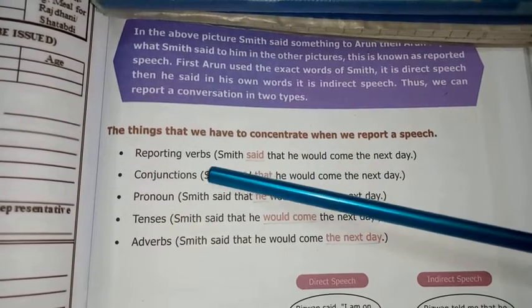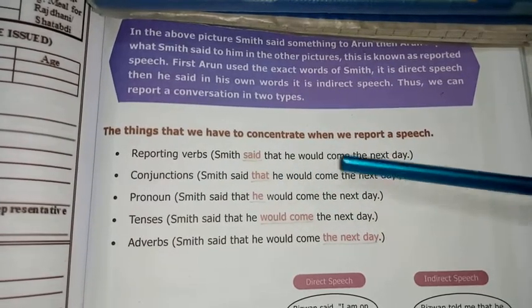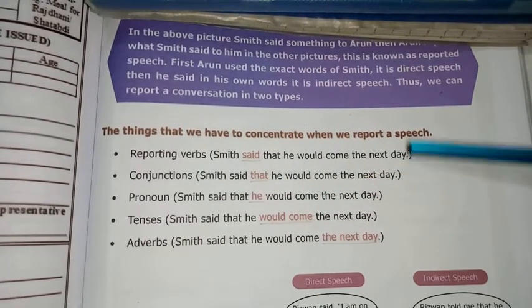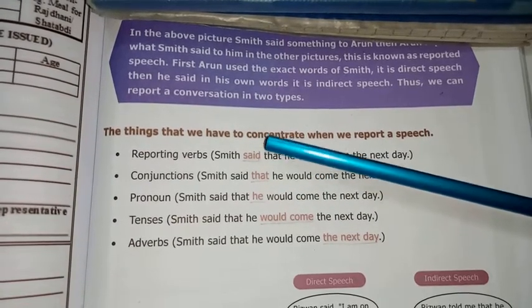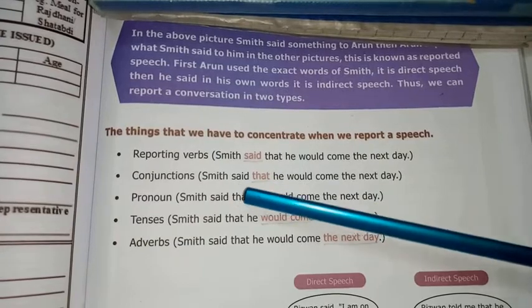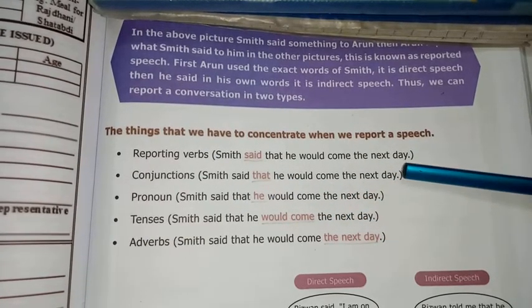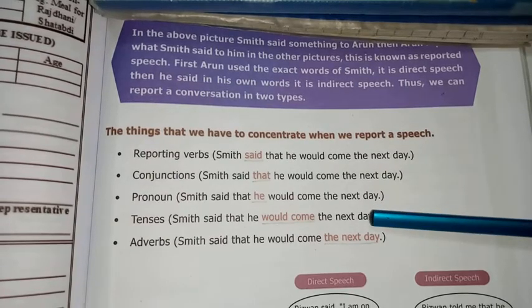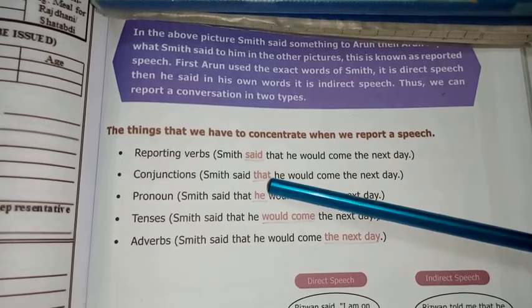First one, for reporting verbs. Smith said that he would come the next day. Here, said is the reporting verb. The same example is given for all the things. Here, conjunction is that.